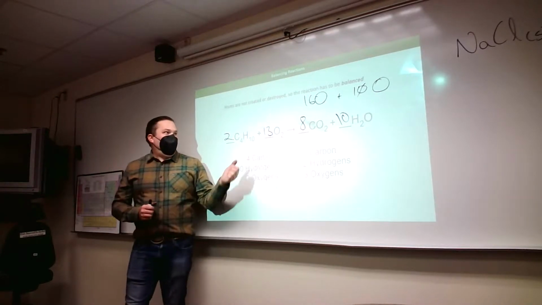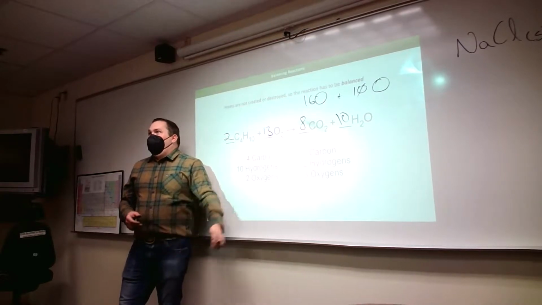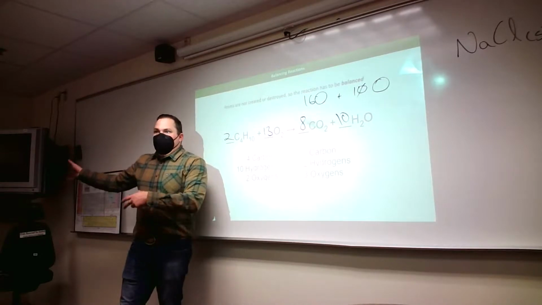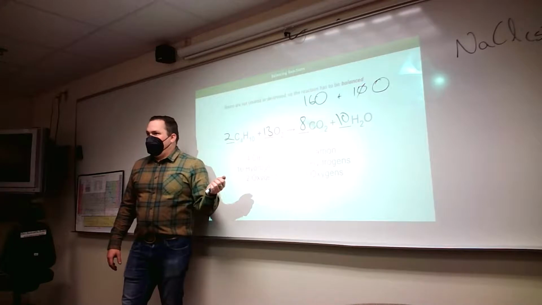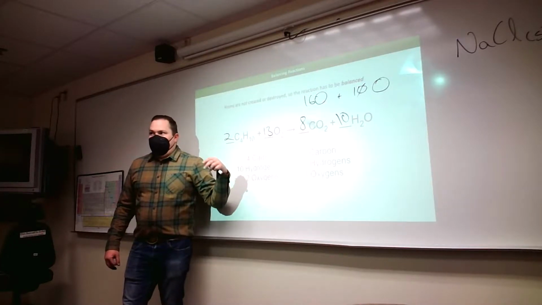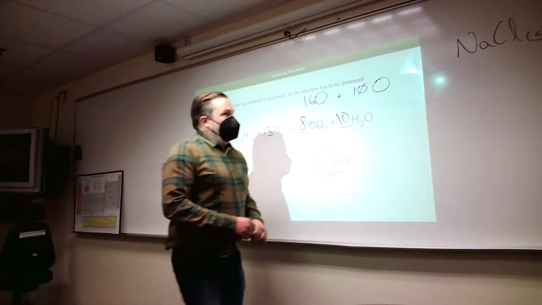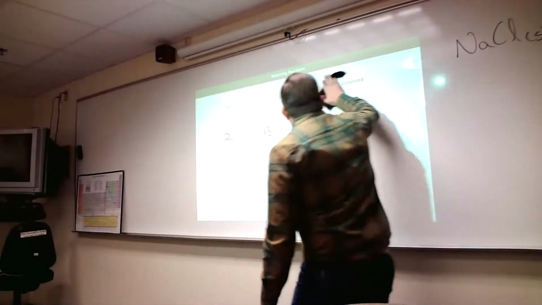When I balance everything else, it automatically will balance the last element sometimes. Right? So a lot of times it's not something you need to worry about. You just got to start. You start making it the same on both sides, and it works out better than you think.